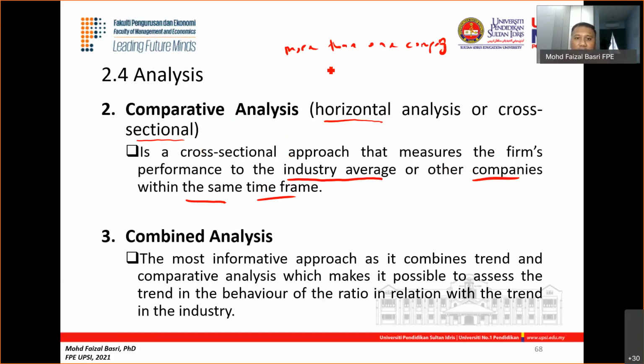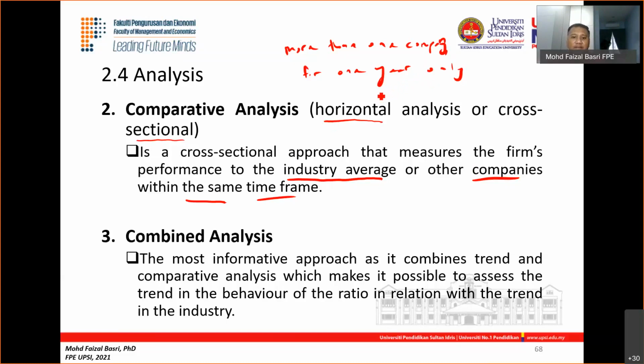And company, but usually for 1 year only. Okay, so for example, we compare two banks for the year 2019, for example. So that's comparative.